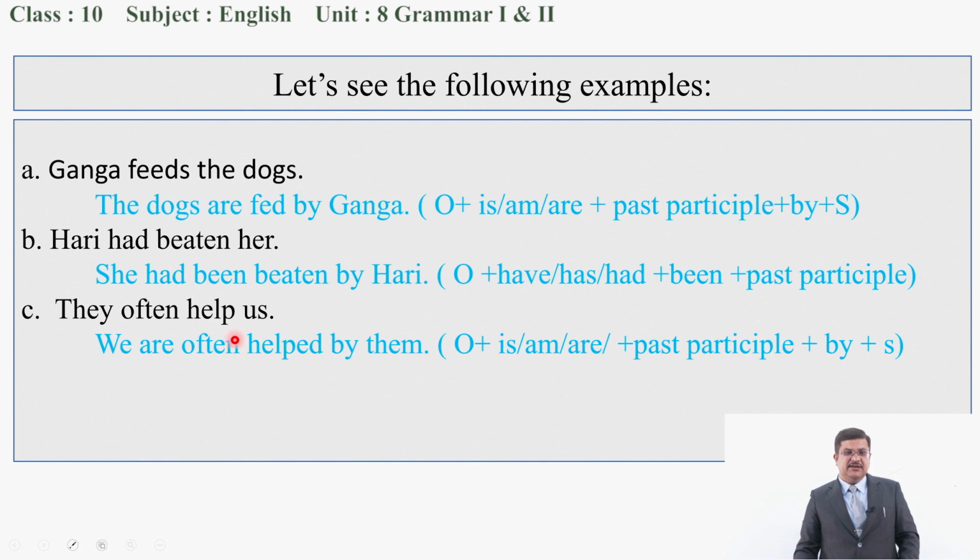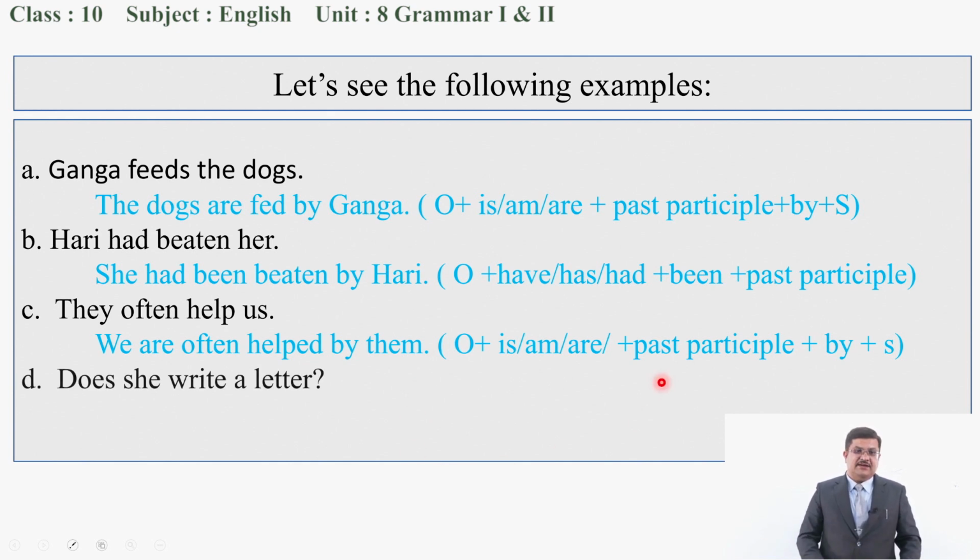Are often and help changes into helped by them. The structure is object with is, am, are with past participle form of the verb with by with subject. This is the structure of passive sentence. I believe you might have learned the ideas in grade 8 and 9 earlier.